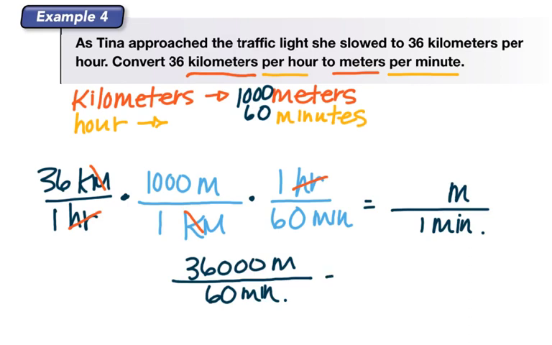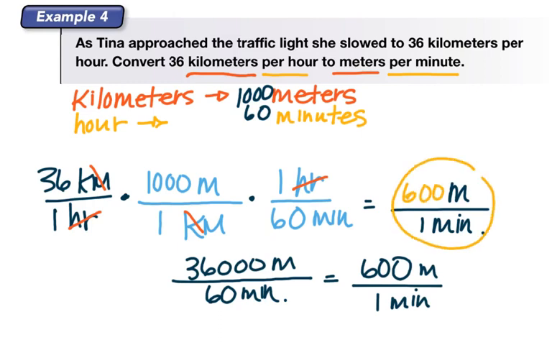So now I have 36,000 meters over 60 minutes. But I don't want 60 minutes. I want 1 minute. So I can divide 36,000 over 60 and get 600 meters for every 1 minute. And that's my final answer. 600 for every 1 minute.